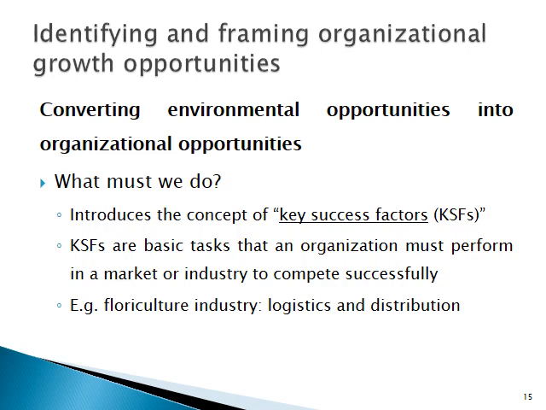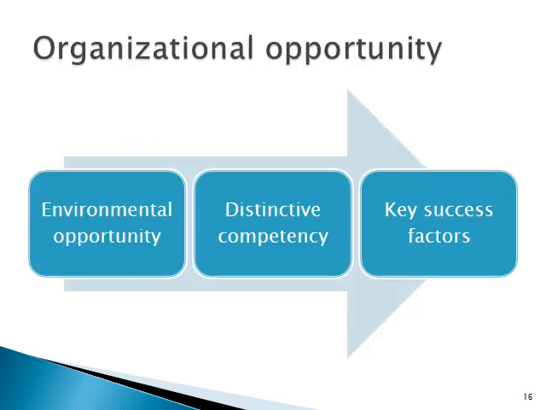So to summarize, we can point out something like this kind of picture. This is the big picture of what we have discussed so far under the organization opportunity. We need to pick up the environmental opportunity which is available in the marketplace, and then you need to develop your distinctive competency, your main ability.